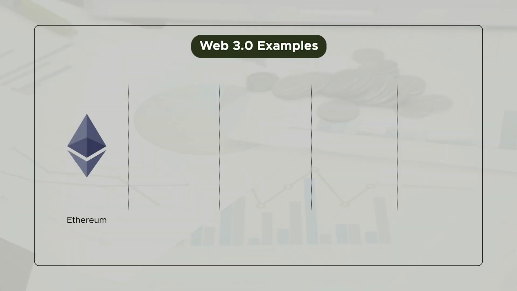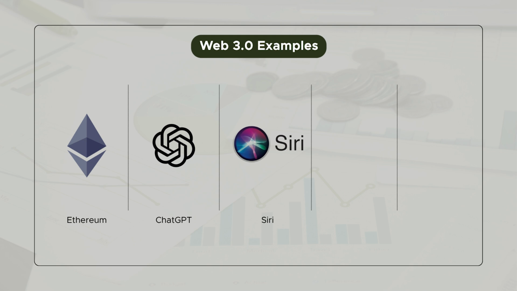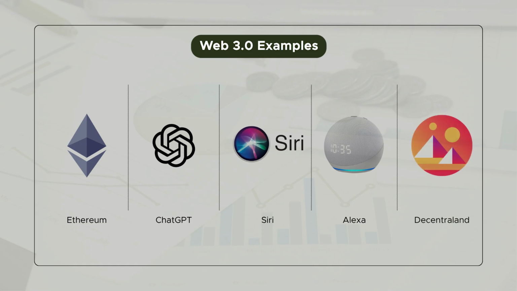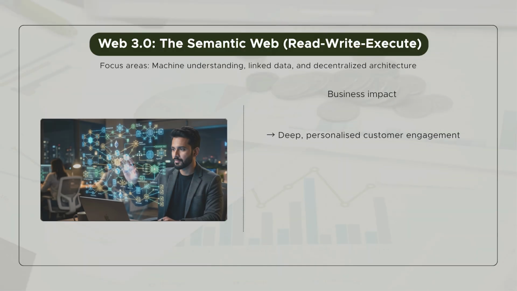Ethereum, which is a blockchain platform for decentralized applications, is one example. ChatGPT and Siri, AI-driven tools enhancing our user interaction. You must have used Alexa or Siri. Decentraland, a decentralized platform for virtual reality. All these are examples. What is the business impact?